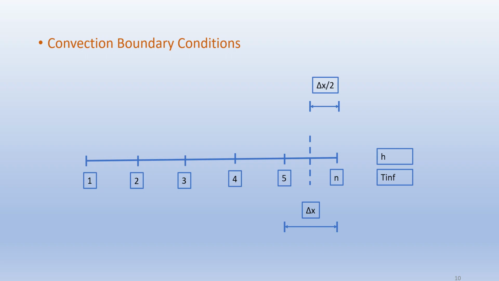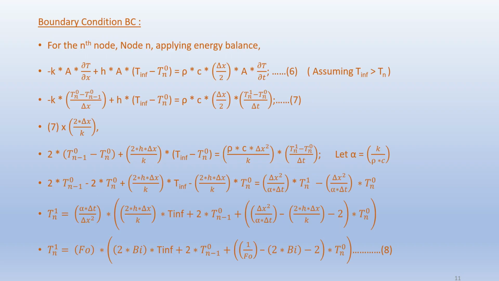So we have to consider a grid spacing which is half of delta x, that is delta x by 2. So to solve for the temperature at this end, we have to apply an energy balance.